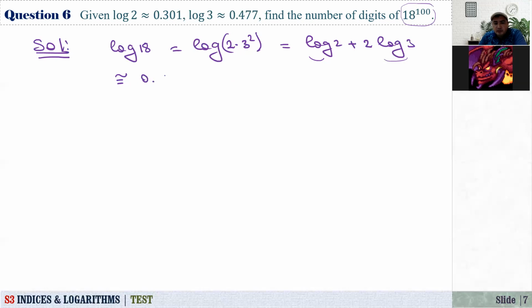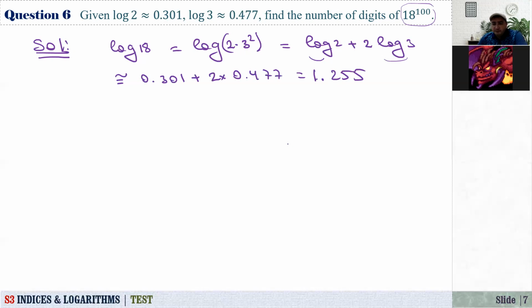Log 2 is 0.301 plus 2 times what is log 3? It is 0.477. So that's equal to 0.301 plus 2 times 0.477. What is it? That's equal to 1.255.